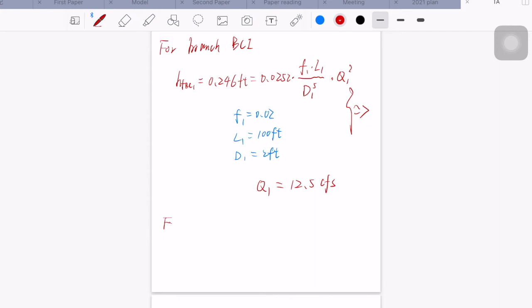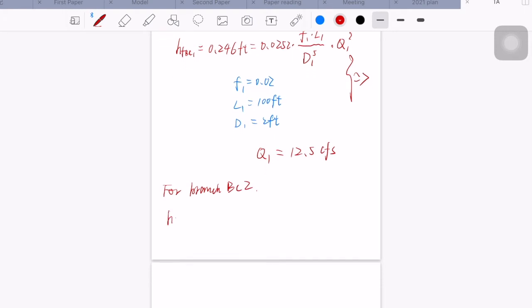Similarly for branch BC2, H_F,BC2 equals 0.246 feet equals 0.0252 times F2 times L2 divided by D to the power of 5 times Q2 squared, and F2 equals 0.02.